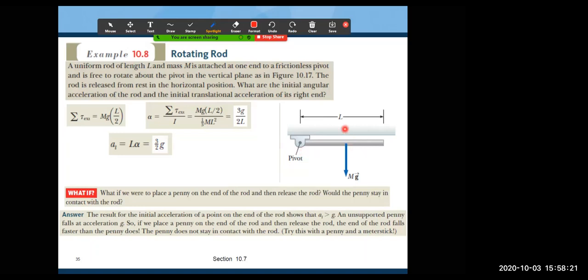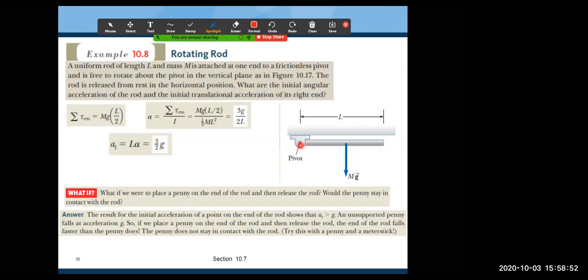It is equal to the force mg times the distance L divided by 2. So the net torque, there's only one torque due to the weight, mg times L over 2. And it would cause an angular acceleration about this point by Newton's second law in the rotational form: the net torque over I. What is I in this case?